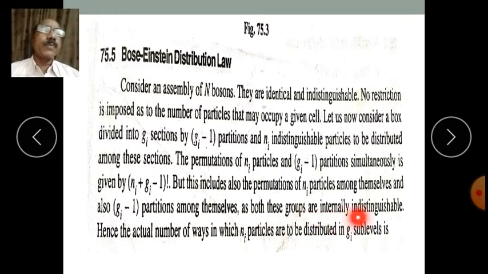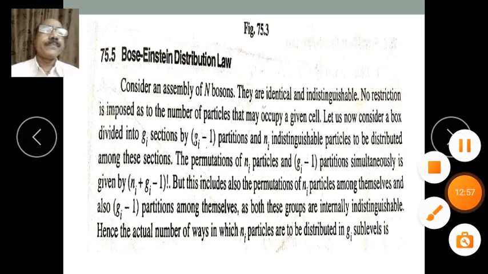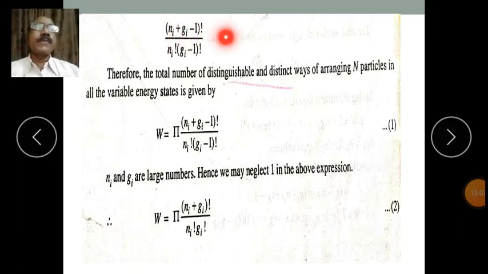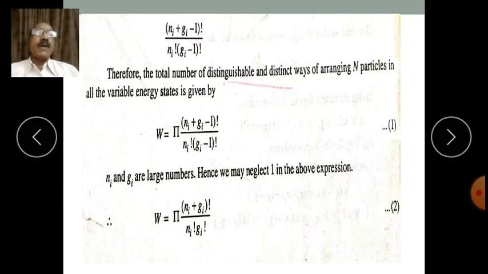As both these groups are internally indistinguishable, the actual number of ways in which Ni particles can be distributed in Gi sublevels is given by Ni plus Gi minus 1 factorial divided by Ni factorial into Gi minus 1 factorial.